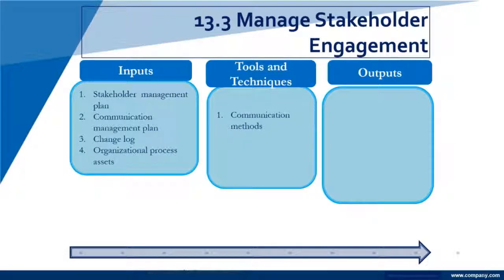This is about engaging and monitoring and managing the stakeholders. We want them engaged. We want them involved. So communication is the best way of seeking that involvement. We also use our interpersonal skills.